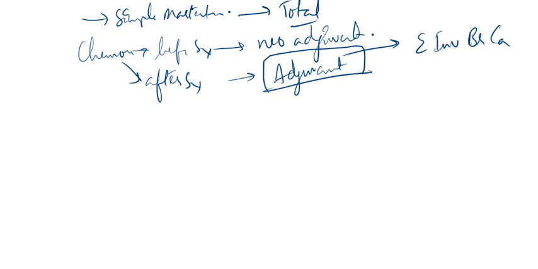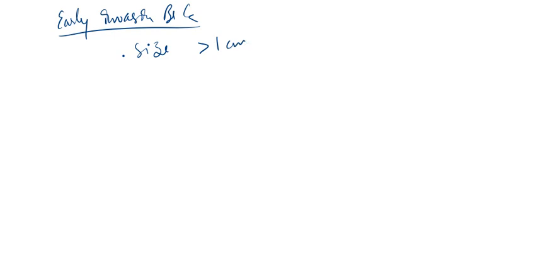Now if you ask me, sir, what is meant by early invasive breast cancer and what are some of the indications that you can give for adjuvant chemotherapy? Size of the tumor, if it is equal to or greater than 1 centimeter.